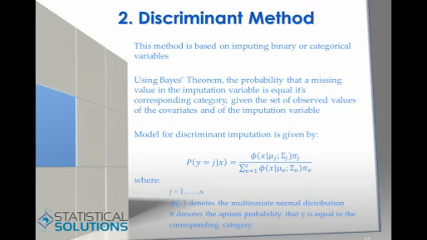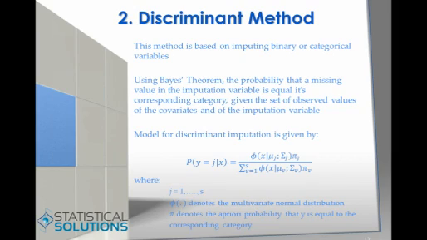And similarly, this uses Bayes' theorem, and using Bayes' theorem, the probability that the missing value in the imputation variable is equal to its corresponding category, given the set of observed values of the covariates and of the imputation variable.